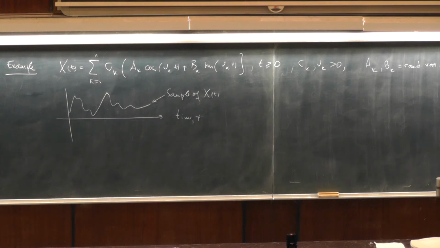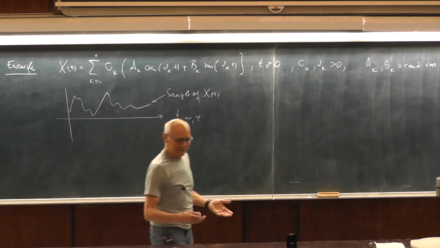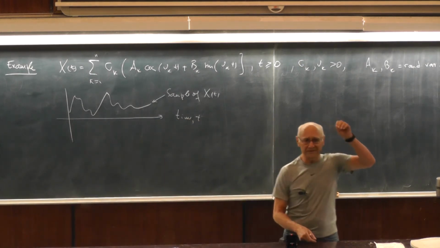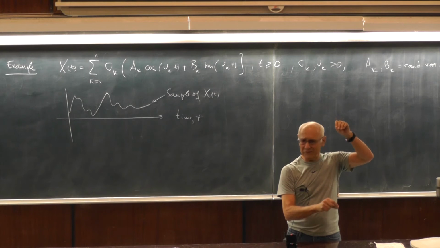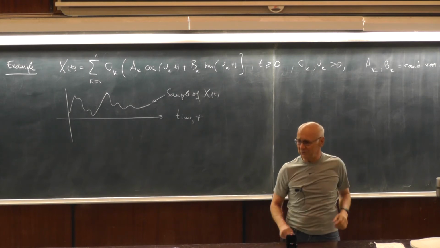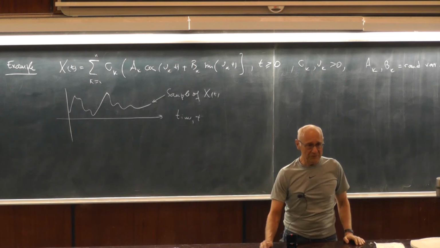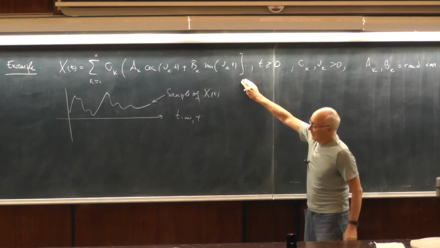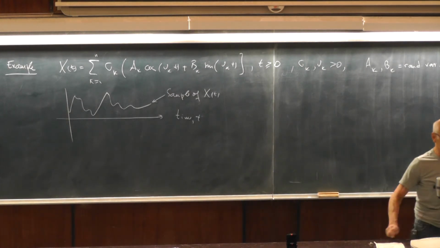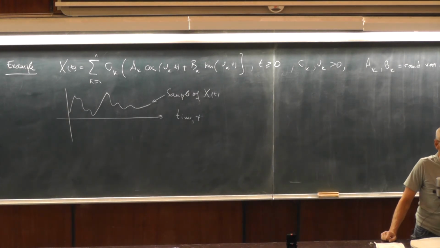Well, A and B are random variables, right? So we are experts right now in how to produce. Put all these A's, B's, A1 to AD, and continue B1 to BD. That's a big random vector. Produce a sample of this random vector. Plug it in here. You find the sample of X. It's that simple.